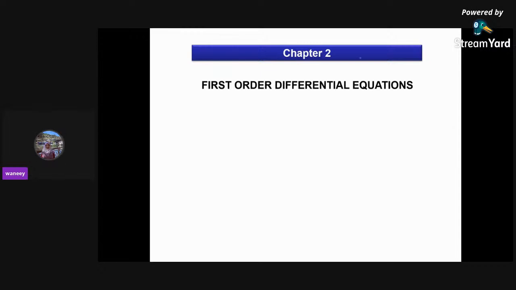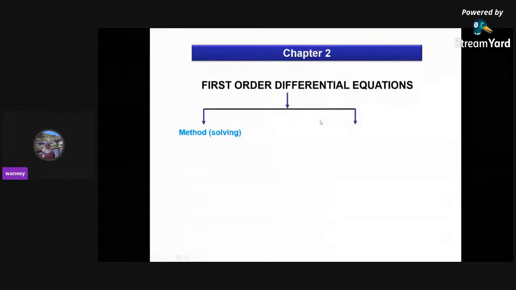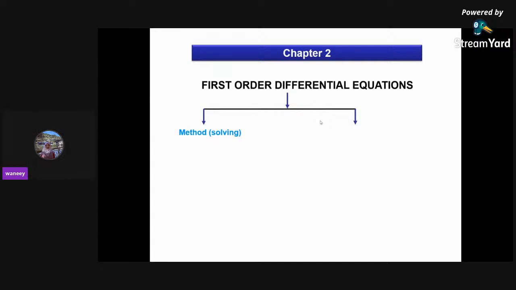Okay, so this is chapter 2, the first order differential equation. So basically what do we have in chapter 2? Okay, so basically we're gonna learn the method how to solve the first order differential equation. So basically we have two methods to solve them.